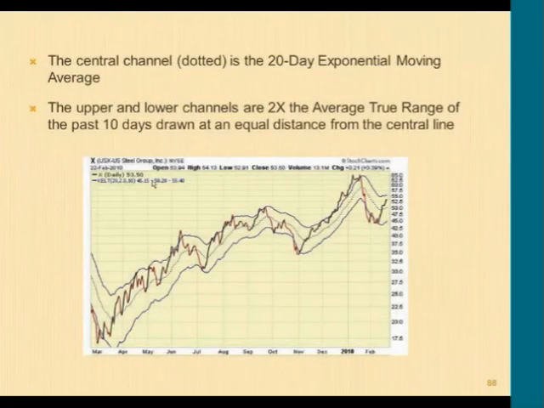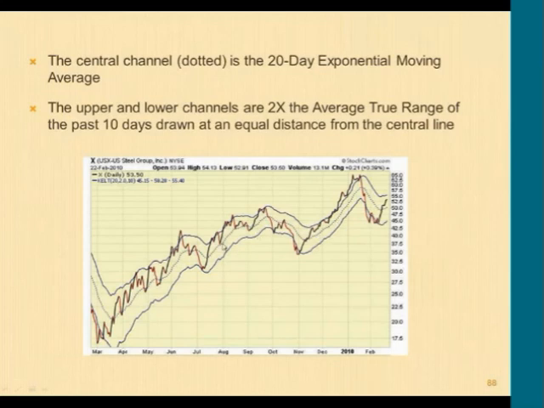And the way the Keltner channels are calculated is the upper and lower channels are 2 times the average true range, and those are drawn at equal distance from the central line, which is this dotted line. And the central line is the 20-day exponential moving average of the stock.